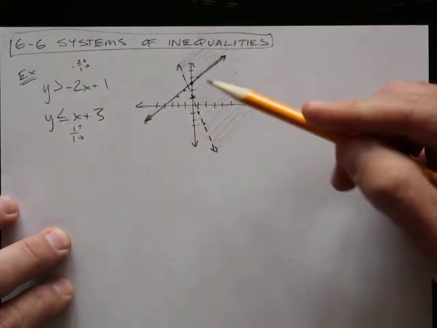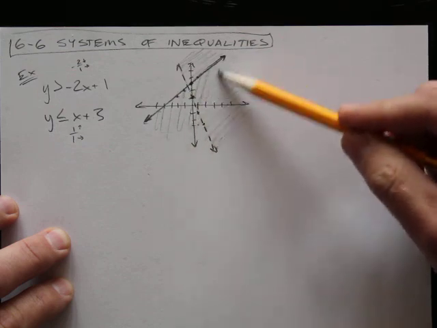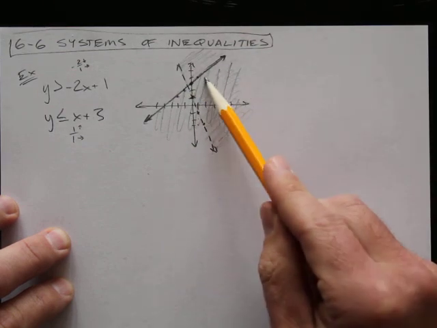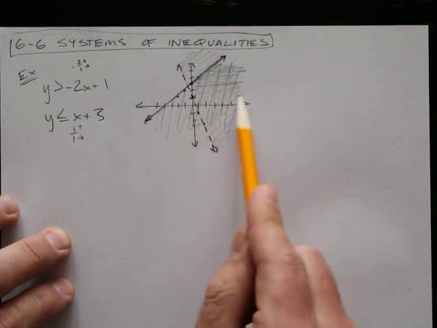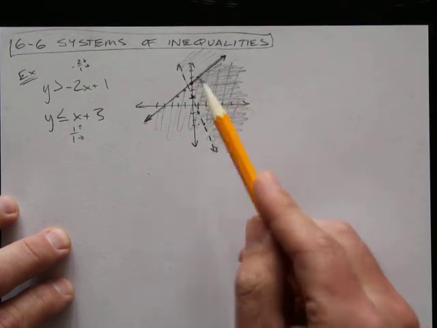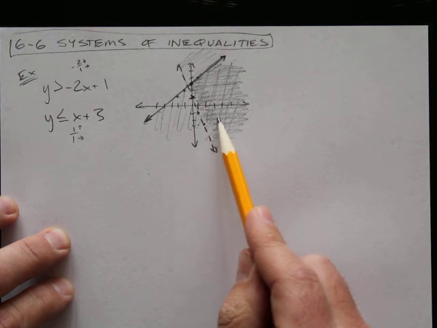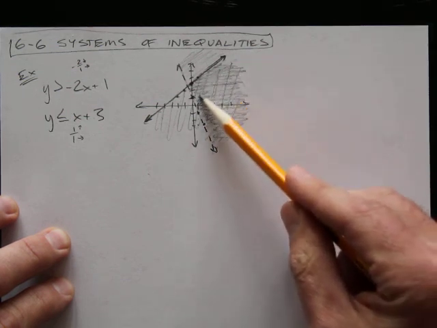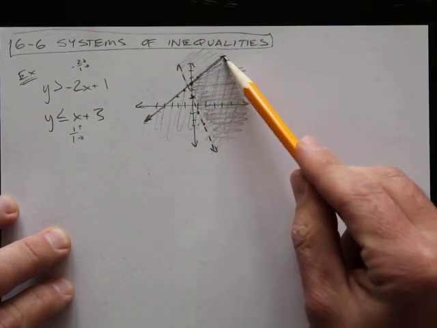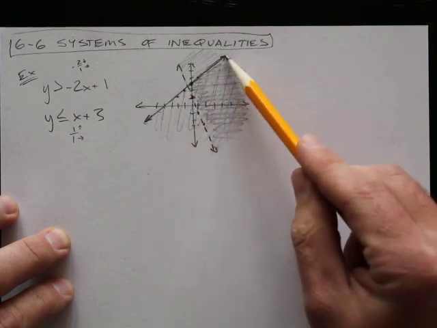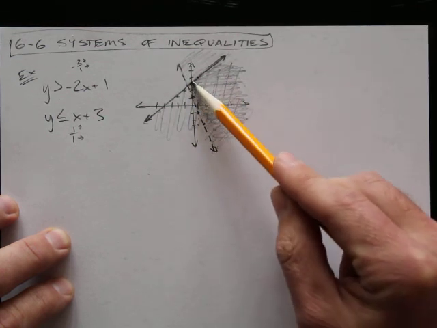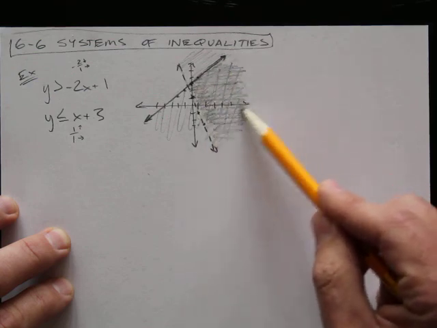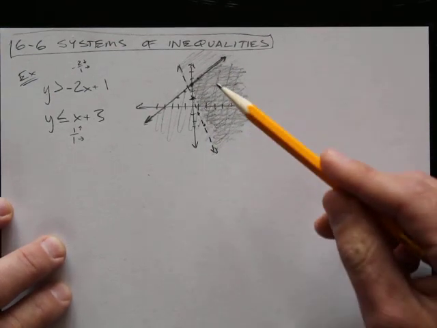Now y is less than, so now I'm going to shade underneath, and you see here this area right here where the two converge or overlap. This is your solution, including the points that are on this line here that are greater than this line here. So here is your solution right there, that part that's double shaded.